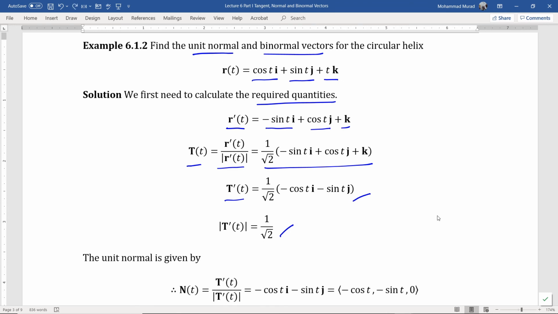So, the unit normal vector is given by, which is equal to negative cosine of t i minus sine of t j, or the three-dimensional vector with components negative cosine of t, negative sine of t, and 0.